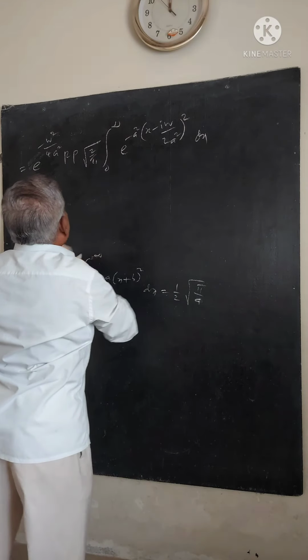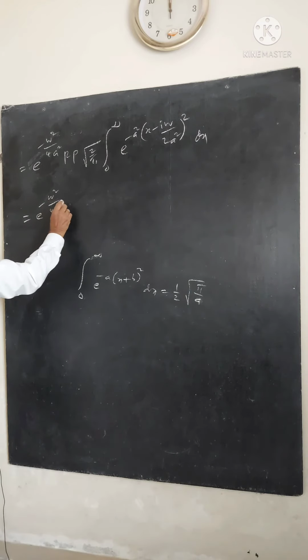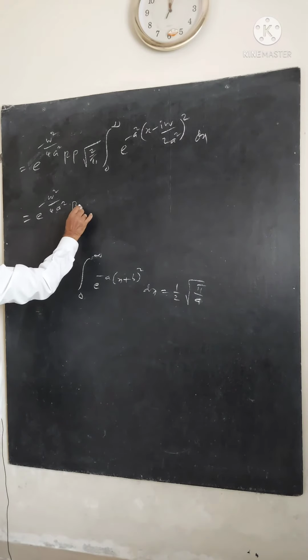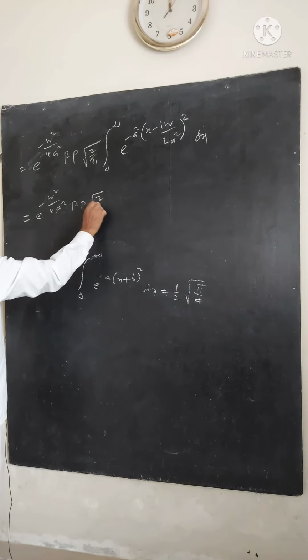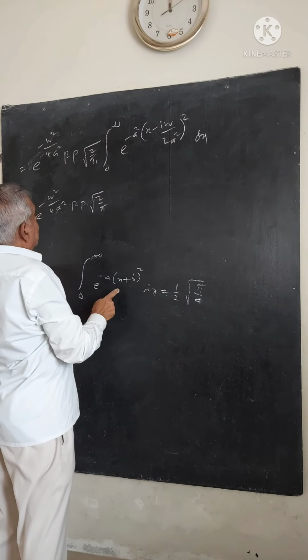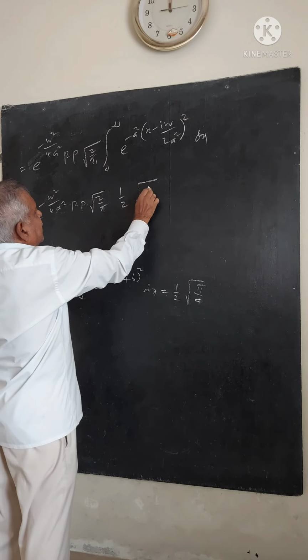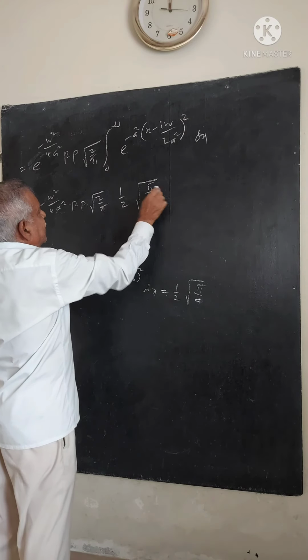0 to infinity equals e power minus omega square by 4a square, real part of root of 2 by pi, half of root of pi by a square.